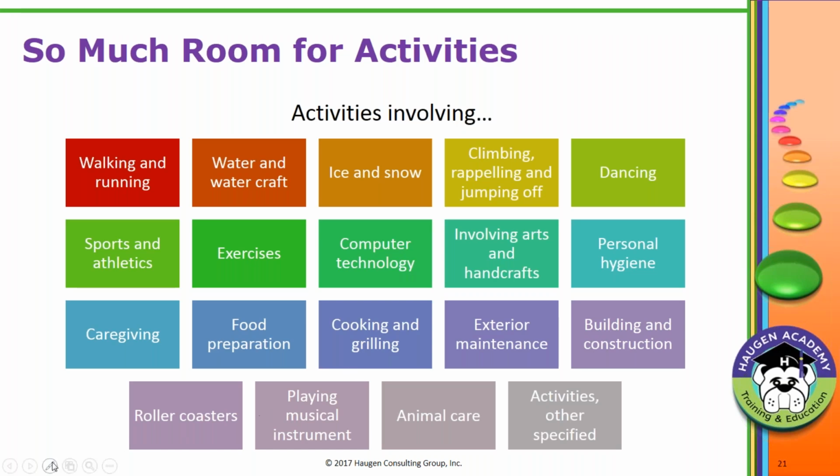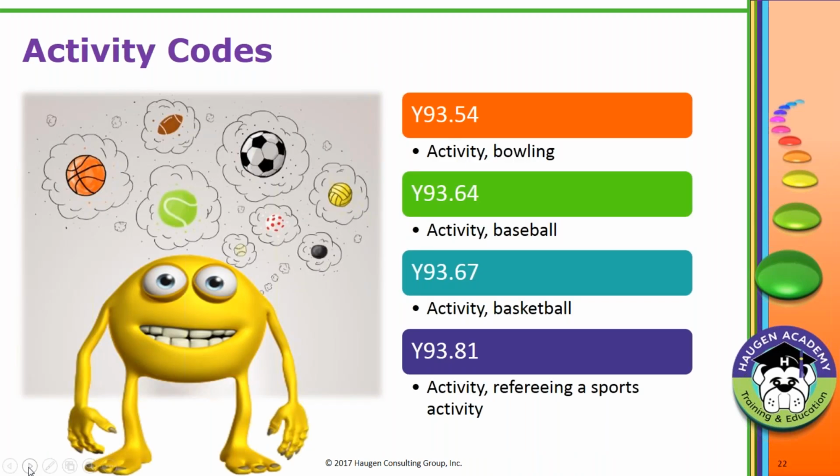Let's take a look at some examples, just a few of your activity codes. As we noticed on that previous slide, we have a plethora of them, but here's just a few examples. We have activity bowling, so if that's where they were injured, baseball.